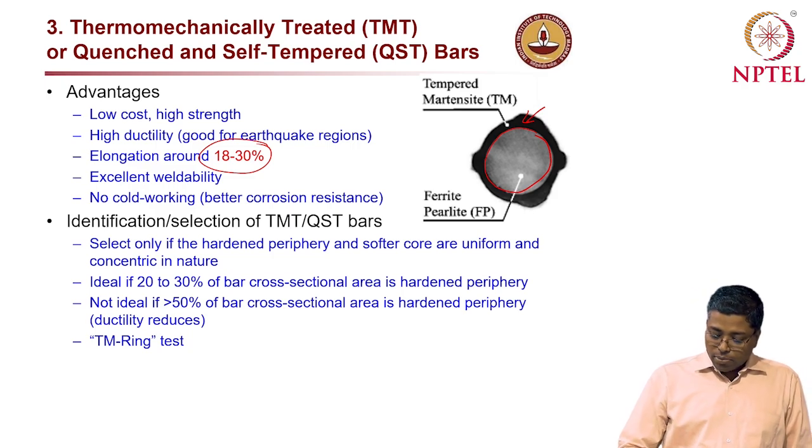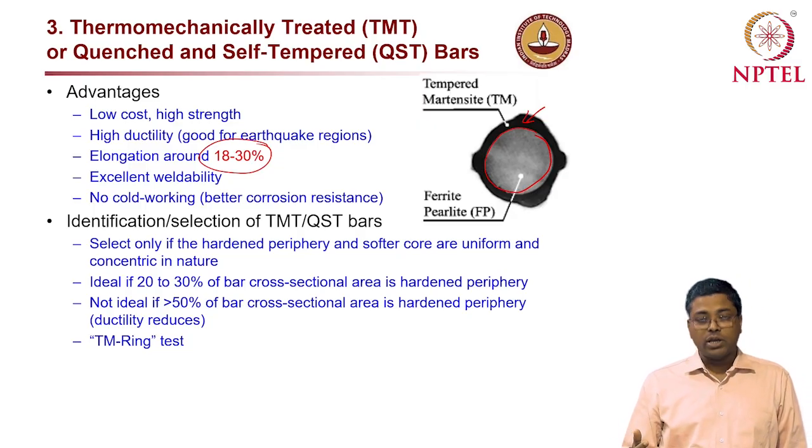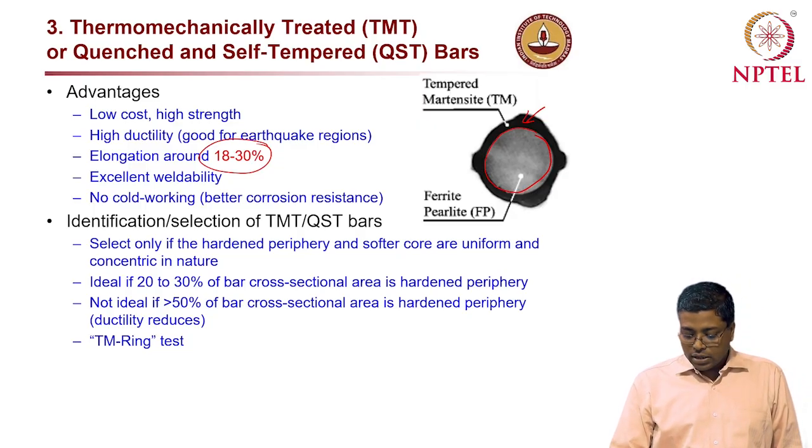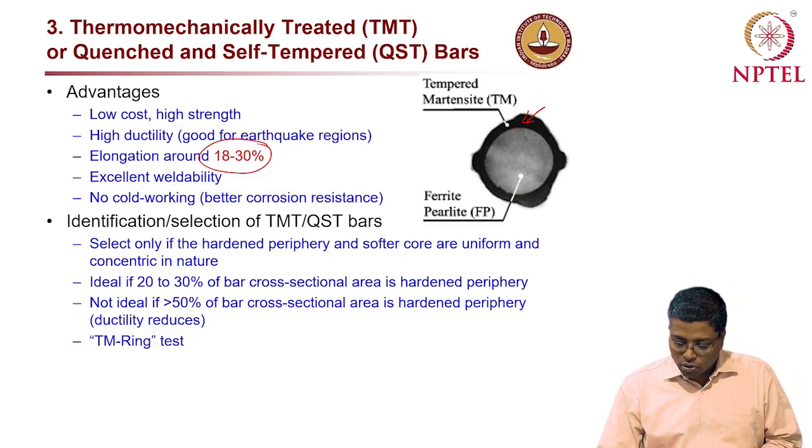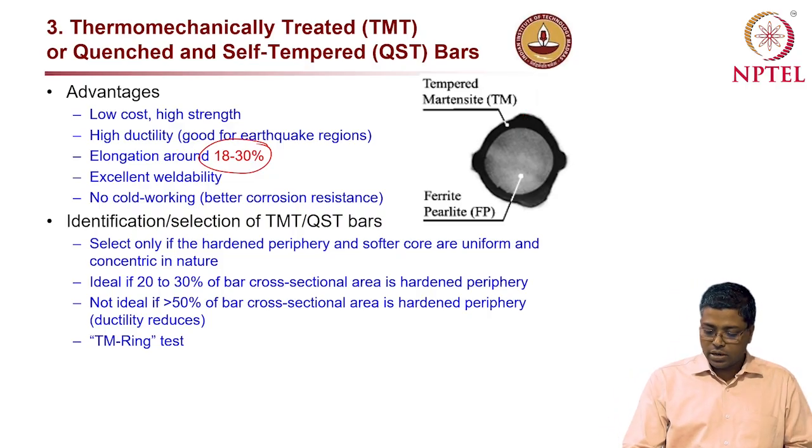Now most of the time we have seen that in some types of rebars available in the market, the composite nature or the cross section of the rebars is not as shown in the picture here. You have to have this core which is ferrite perlite, and you also have to have a peripheral tempered martensite region.